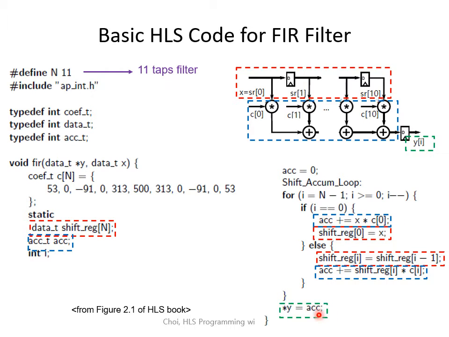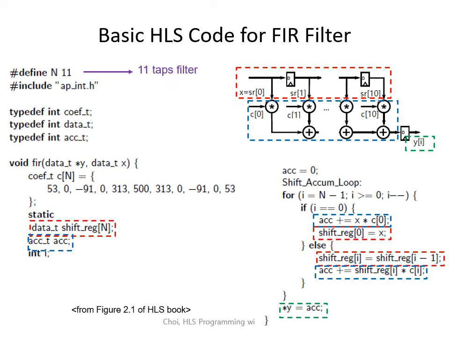The final accumulated value will be written to the y output, and the function ends. Does everything make sense? All right, so now this code will operate correctly, but may not have the best performance.